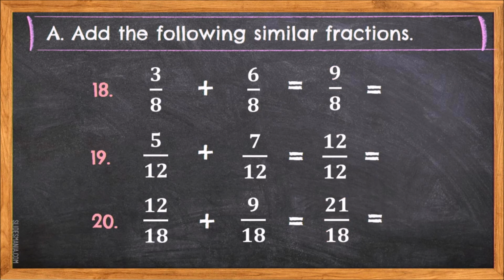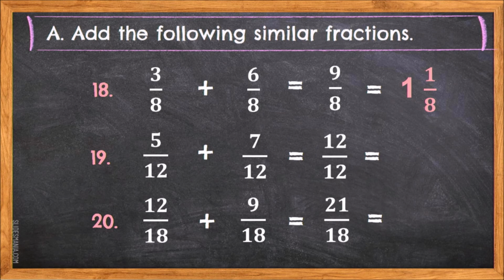Next, number 18, we have 3/8 plus 6/8 is equal to 9/8. Again, this is an improper fraction. We will make it as a mixed number. All you have to do is divide the 9 and 8. So the answer here is 1 and 1/8. Again, the final answer is 1 and 1/8.